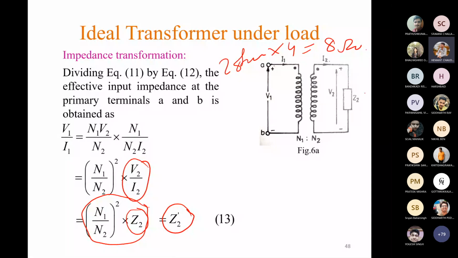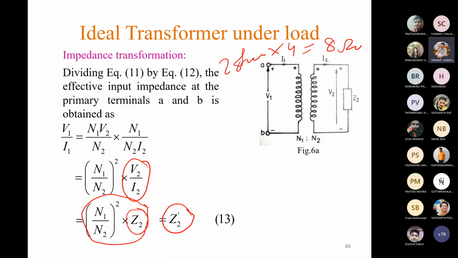Previously this Z2 was connected across the secondary. Now we have calculated some value of impedance which is equal to Z2 dashed. Now if we connect this Z2 dashed in the primary side, this voltage ratio and current ratio all remain same. That means the effect of Z2 remains same.